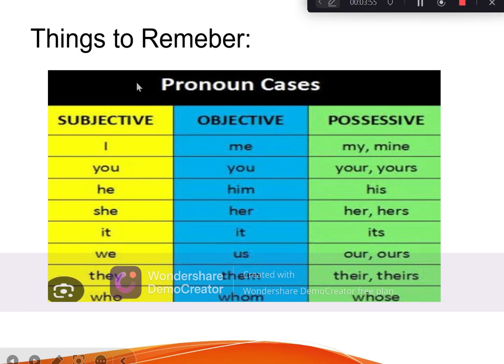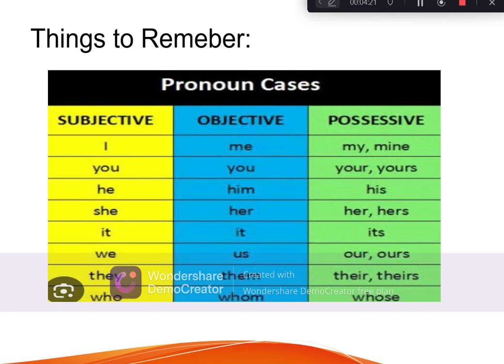There are certain things you need to remember. There's a chart: subjective pronouns, objective pronouns, and possessive pronouns. Here is the list of all those pronouns which can be used as a subject in the sentence: I, you, he, she, it, we, they, and who.